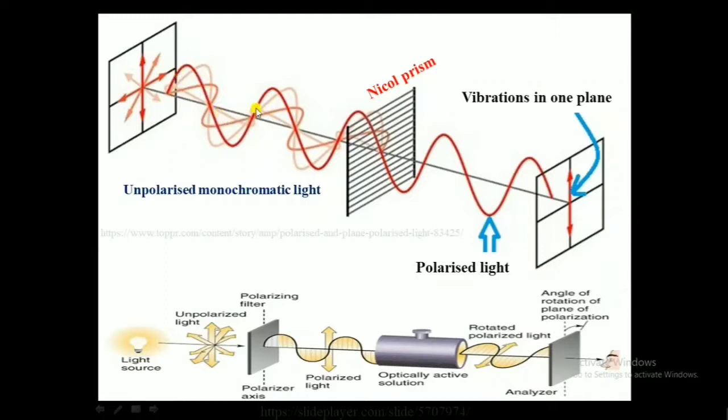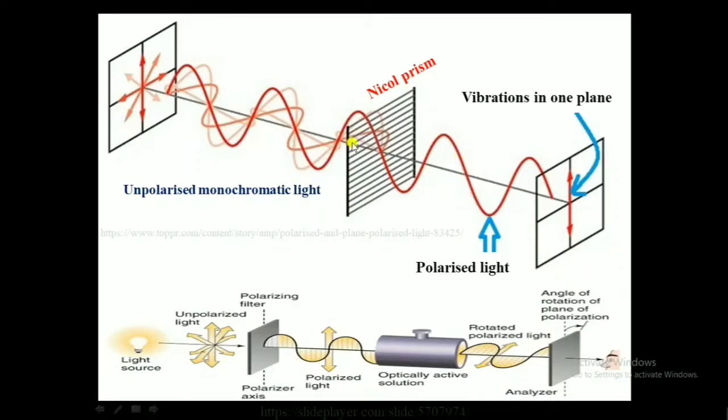The waves are vibrating in all directions, and when this monochromatic wave is passed through a special kind of prism called a nickel prism, which is made up of highly crystalline calcium carbonate, the wave comes out of the prism with its vibrations restricted to only one plane, only one direction.